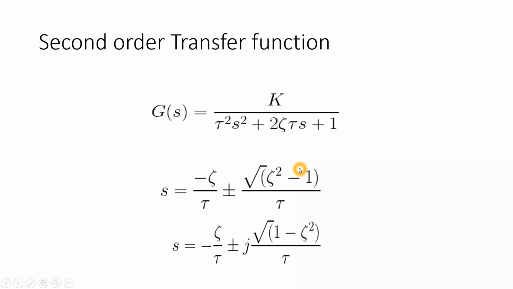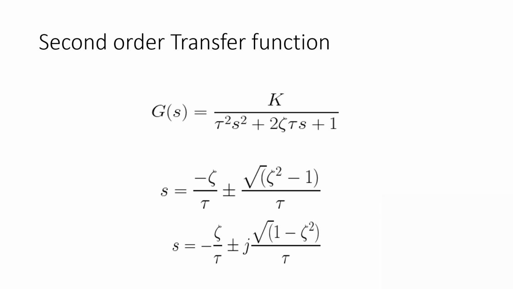Underdamped means zeta is less than 1, since in critically damped or overdamped systems there is no overshoot and no decay ratio. So I write it as 1 minus zeta square. This is the only concept they are checking.